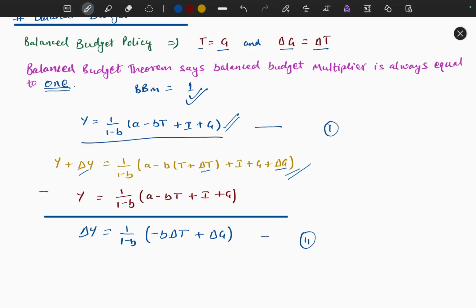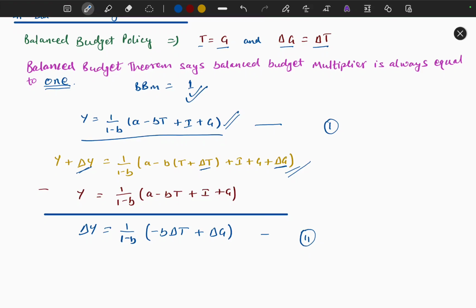An increment in taxation and an increment in government spending will cause some changes in the equilibrium level of national income, and to what extent this changes, we will prove in the next couple of steps.